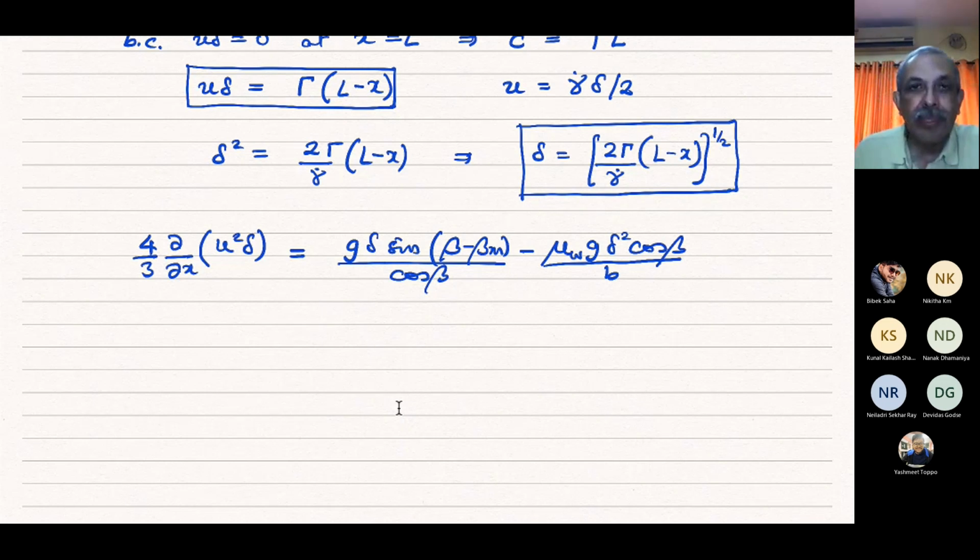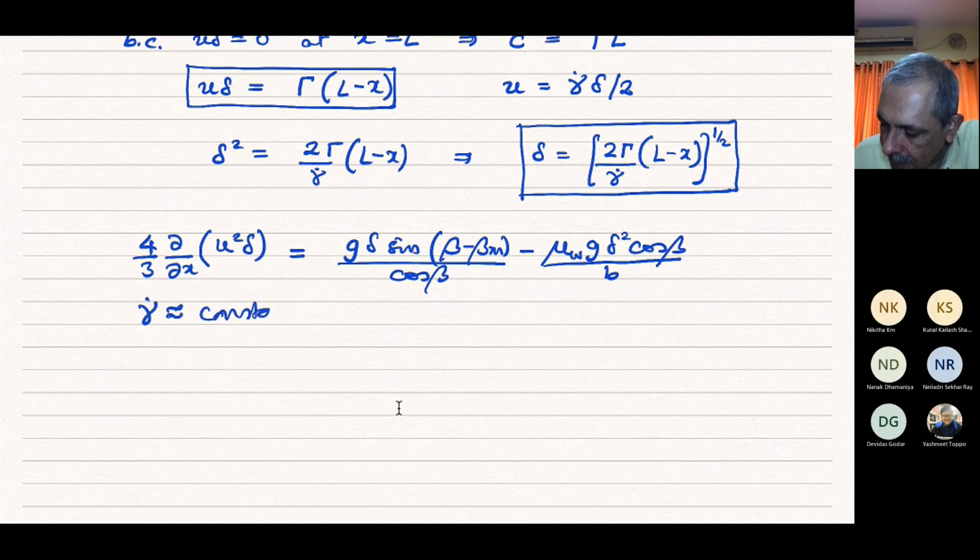But instead of that, let's say if gamma dot is approximately constant, then we can eliminate u as before, where u is equal to just gamma dot delta by 2.